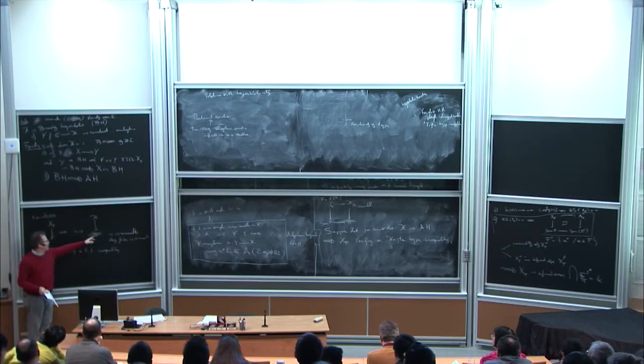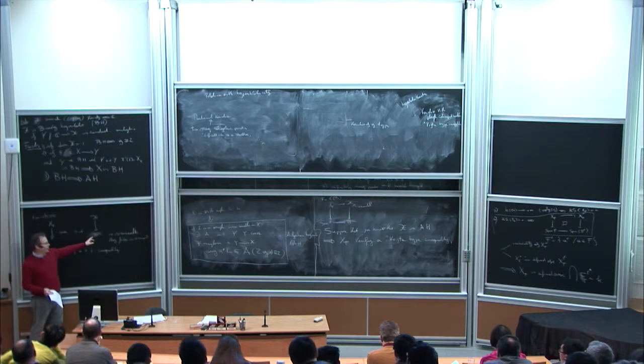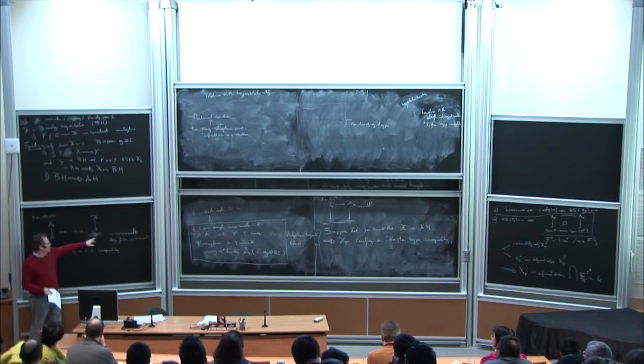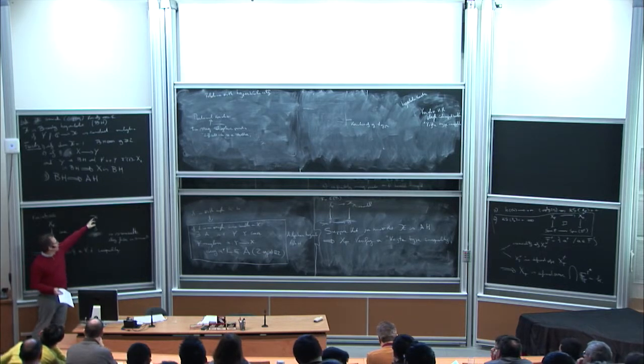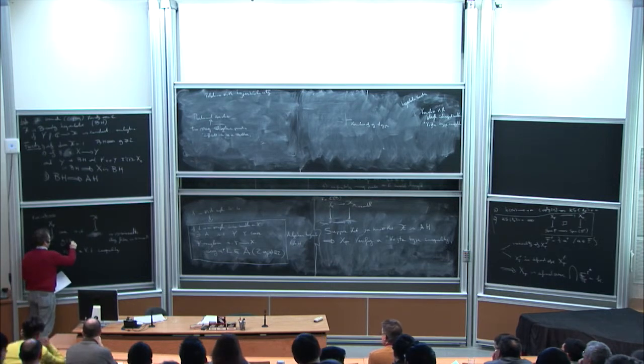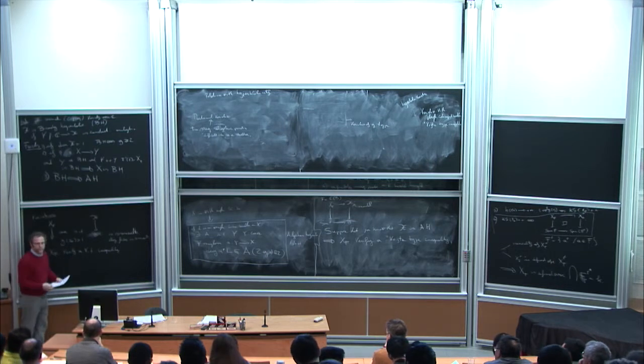Because up to a base change, and the Vojta type inequality does not care too much about base change, you can suppose that B is a curve of genus strictly bigger than 1. Okay, sorry, genus of X_F bigger than 1.